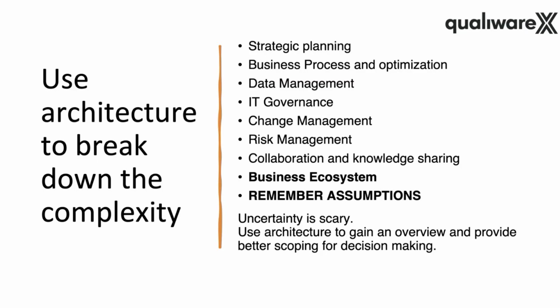The models you're building are not just for other architects and engineers to understand. They are also for whoever is making decisions to understand as well. And that's a dimension that becomes really important in all of this. That's a communication aspect of all these models. And then I highlighted the business ecosystem here, and it's getting more complex, but it's also becoming more important.